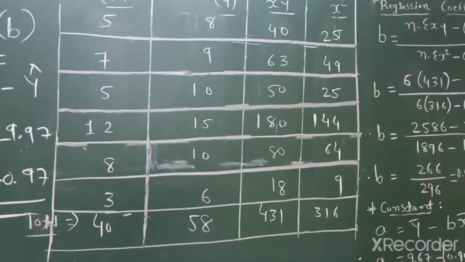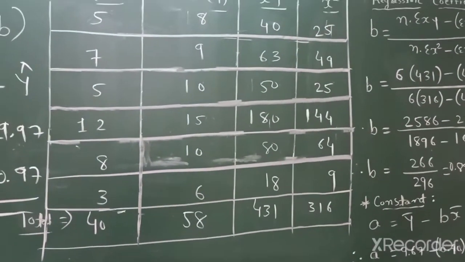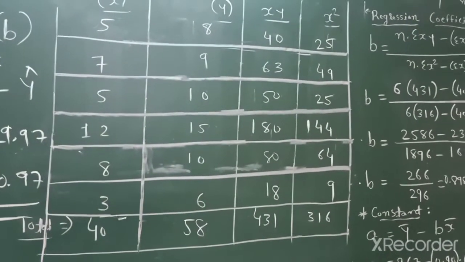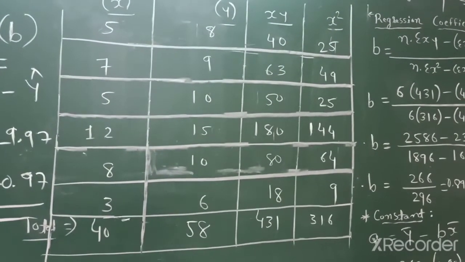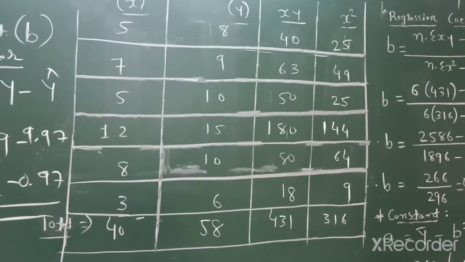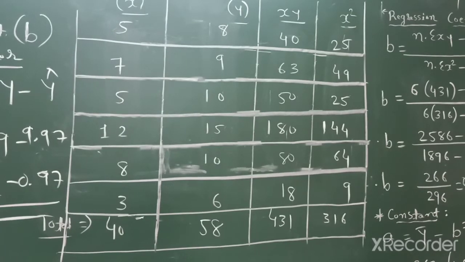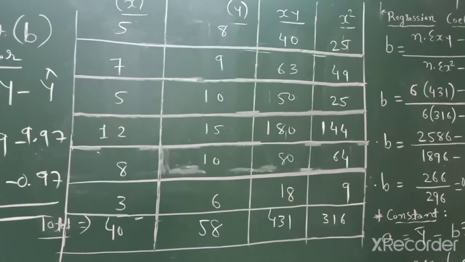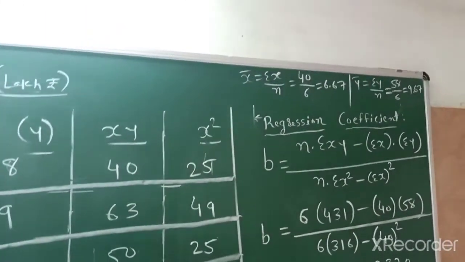We do the total, that is 40 and 58. 2 additional columns we prepare, that is XY and X square. XY means multiplication of X with Y, and X square means the square of the column of X. Then our first step is to find the regression line.